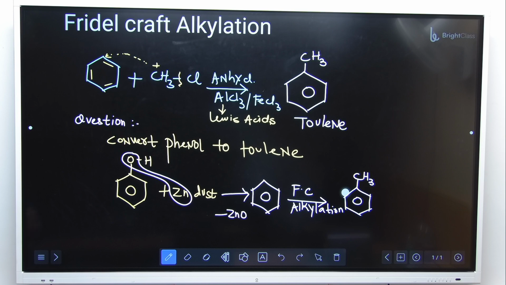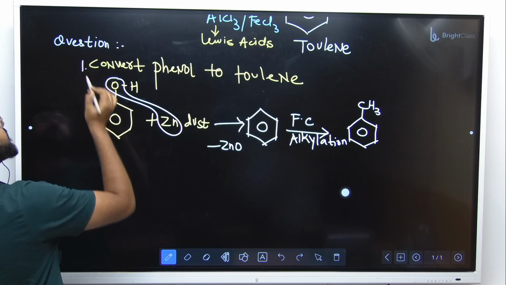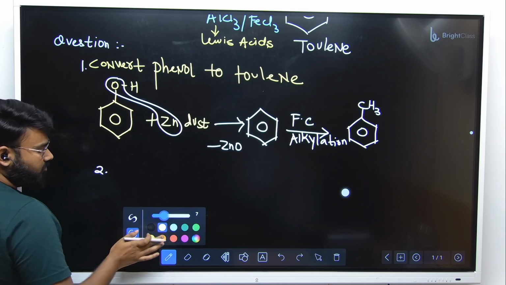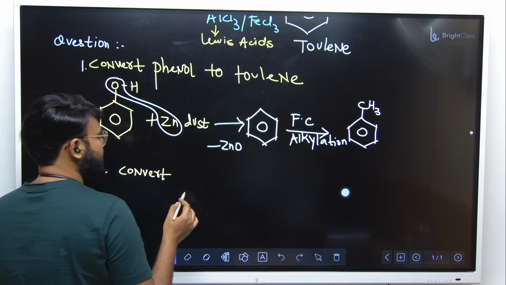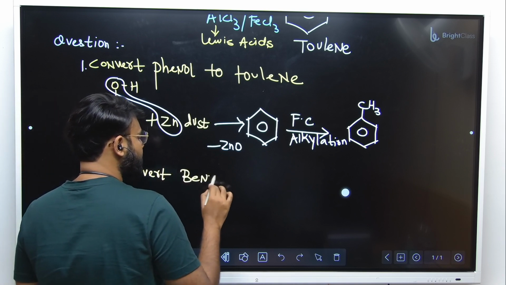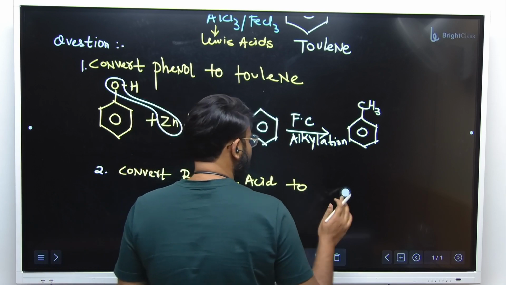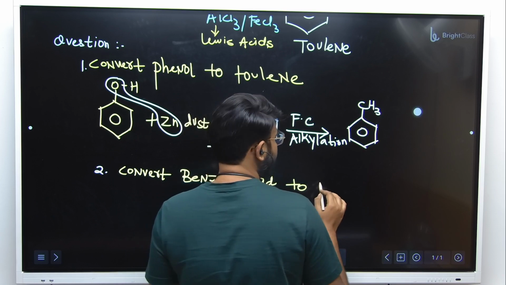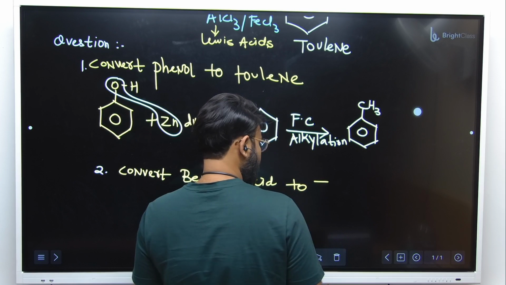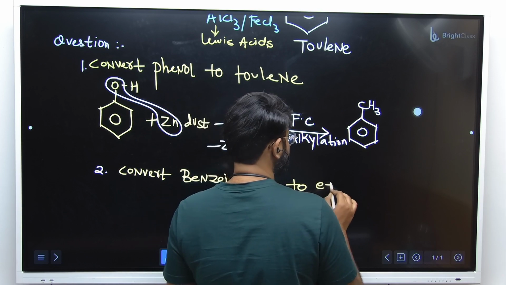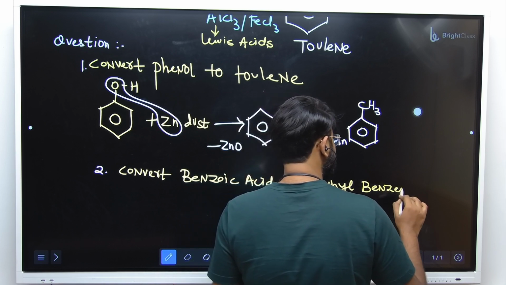Okay, let's write one more question. Guys, one more question. This was the first, I'll give you a second. Convert benzoic acid to ethyl benzene.